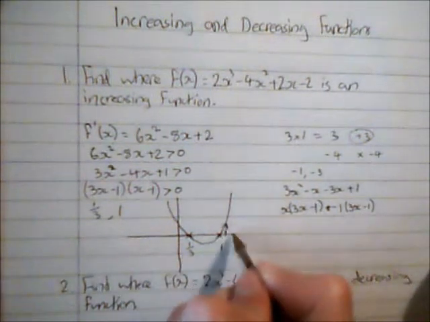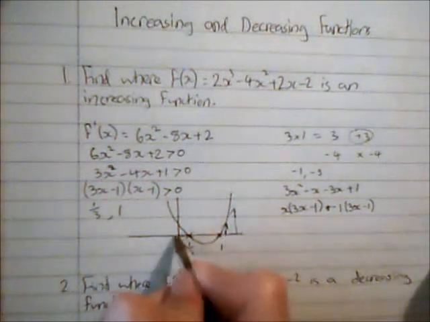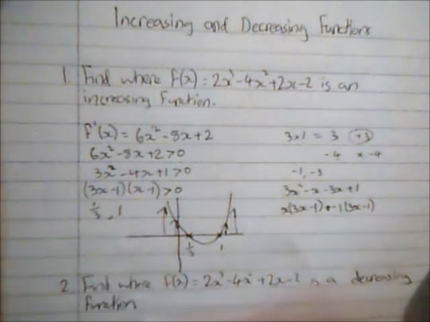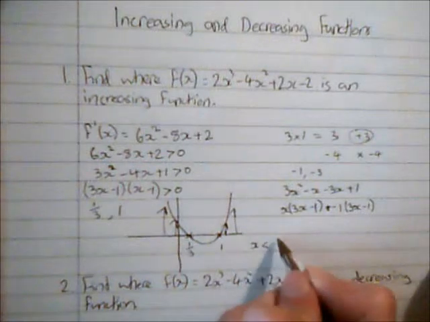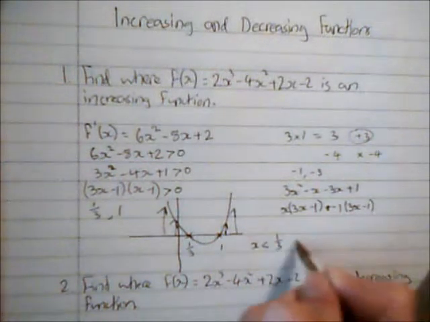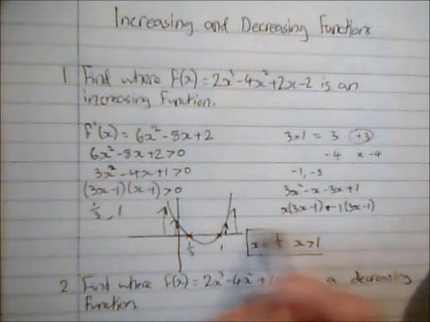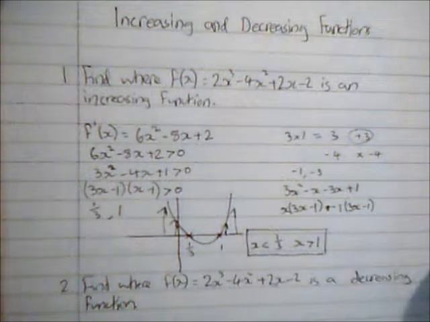And I need to know where this is greater than 0, so that's above the x-axis. So that's going to be for values of x that are less than a third or greater than 1. And so these are my values for my increasing function.